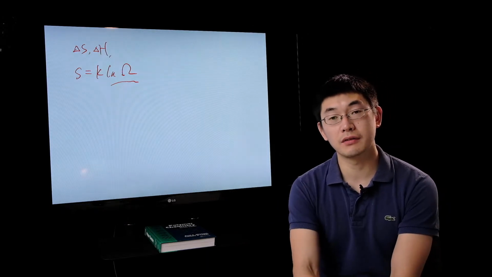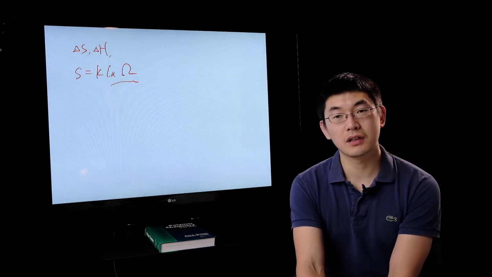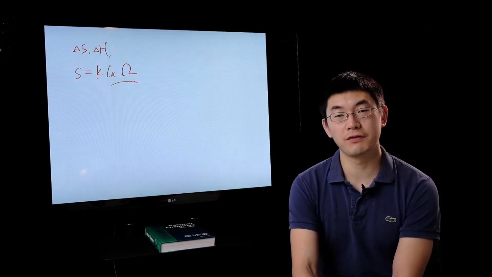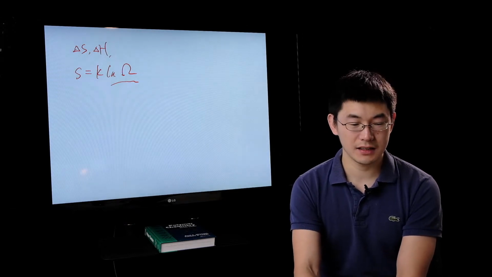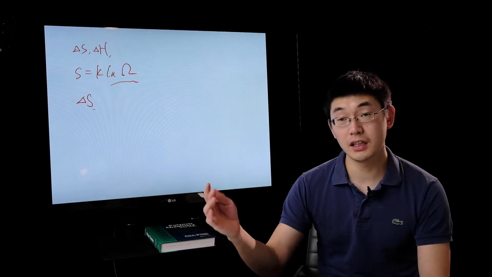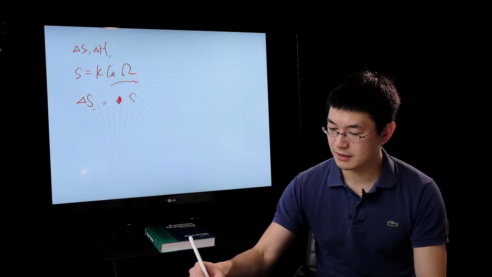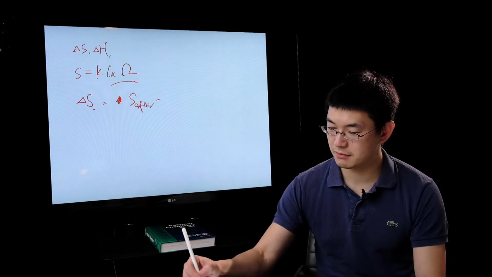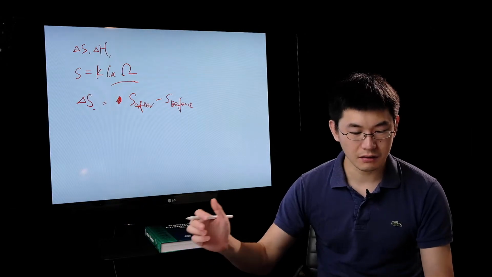We did quite an example using the lattice to count how many possible states there are if we fill the lattice with white or black balls, and this allows us to get delta S, because delta S is the S after we mix minus the S before we mix. This is quite important.